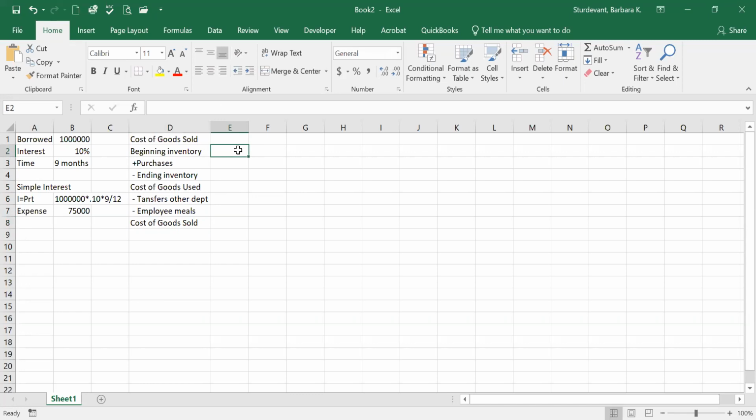So if you look at number 2, what is the beginning inventory for food? What does it tell you? 5,000? Correct. 100,000. 5,000, right? Okay. The purchases number you're going to find in your list.